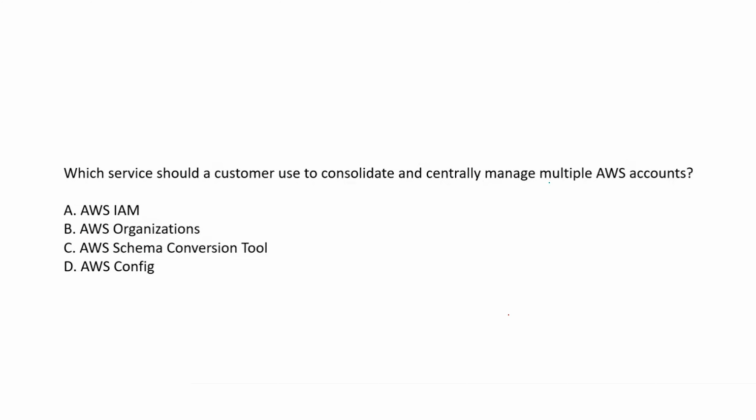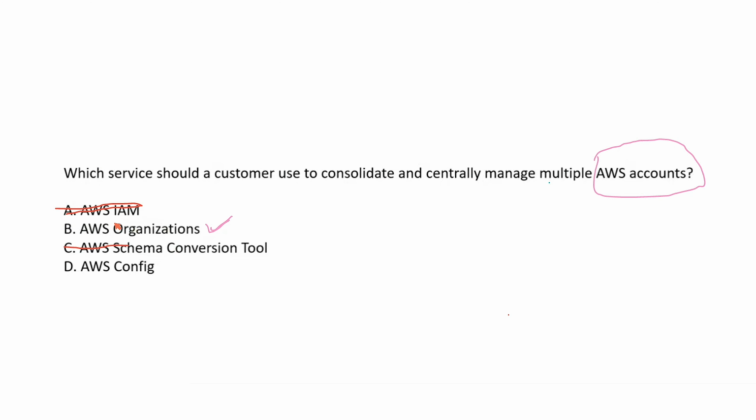So guys, always remember, whenever it is talking about AWS accounts, it is something that deals with Organizations, because IAM is used to manage or create roles or users. It has nothing to do with accounts.